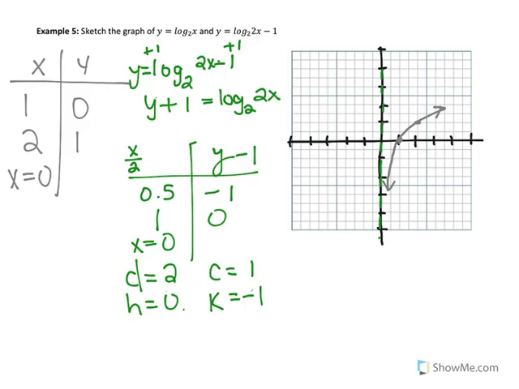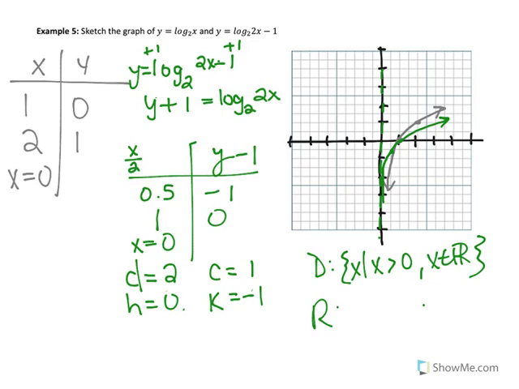We have a point at (0.5, negative 1), and we have a point at (1, 0). So this graph is going to look like that. So our domain and our range don't change. So x is greater than 0, and our y is an element of the real numbers.